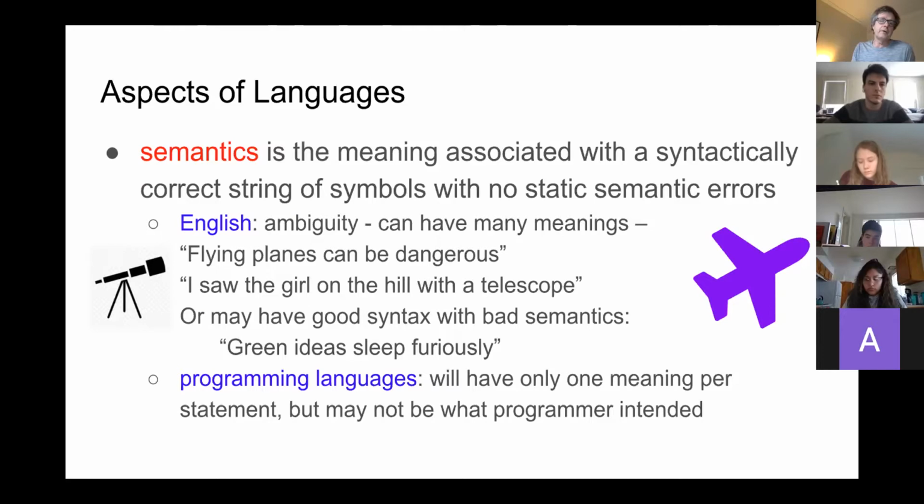Or flying planes can be dangerous because they might crash and hit somebody, right? So planes are dangerous things. But they could also mean the act of flying a plane is dangerous. That's a different meaning. Same words, different meaning.